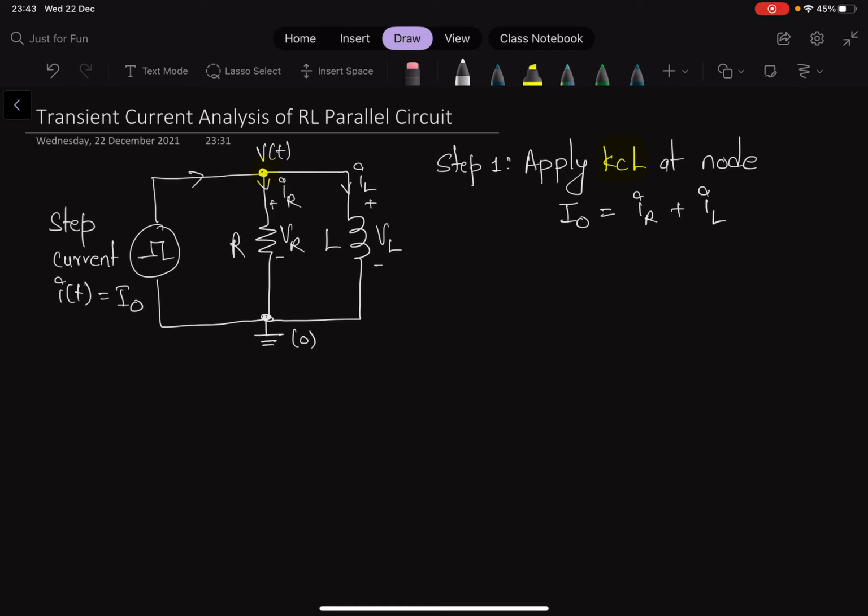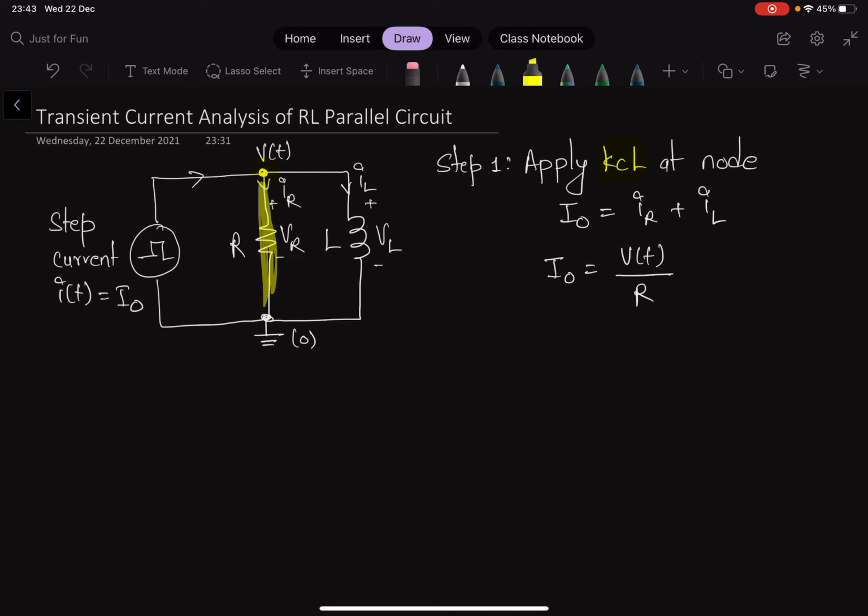Once we have the currents going in and out, we can rewrite them in terms of voltage and resistance. I naught is a constant, so we keep that as I naught, whereas IR is nothing but VT, the node voltage, divided by the resistor, because that's the current going through this branch.